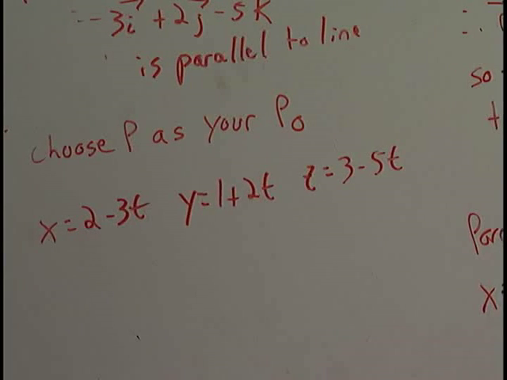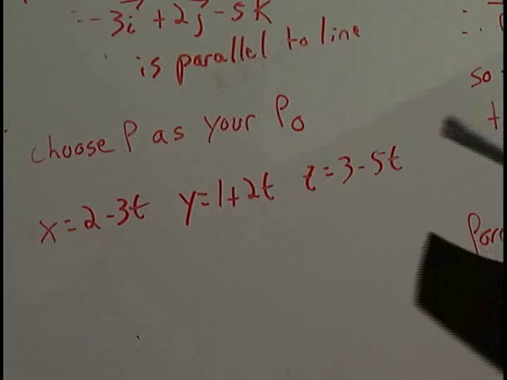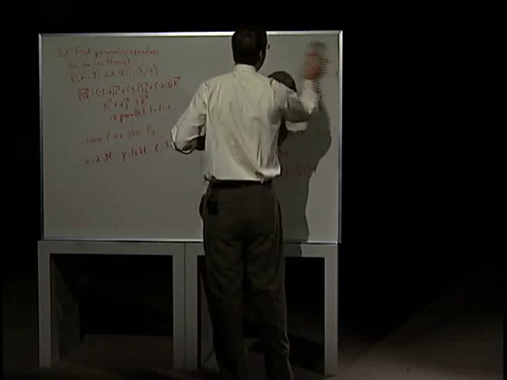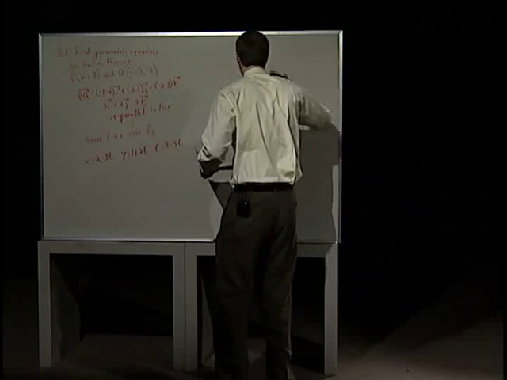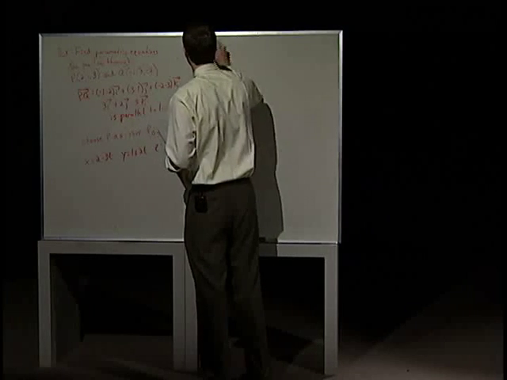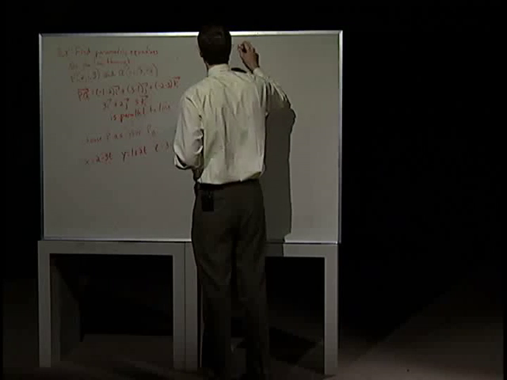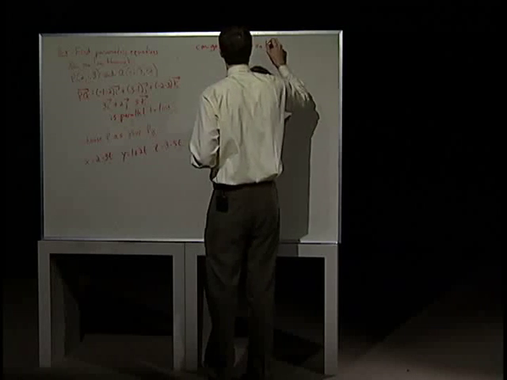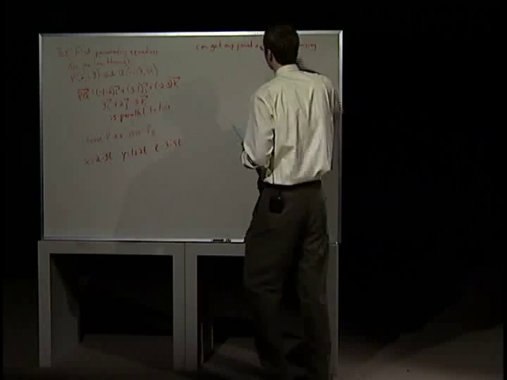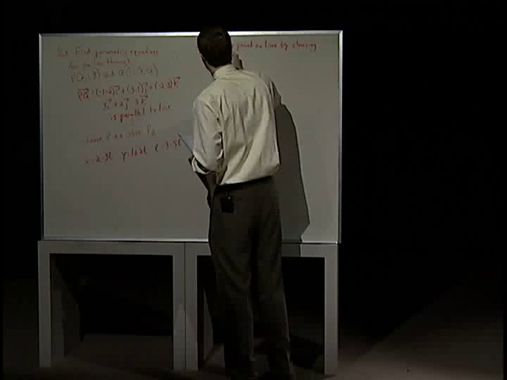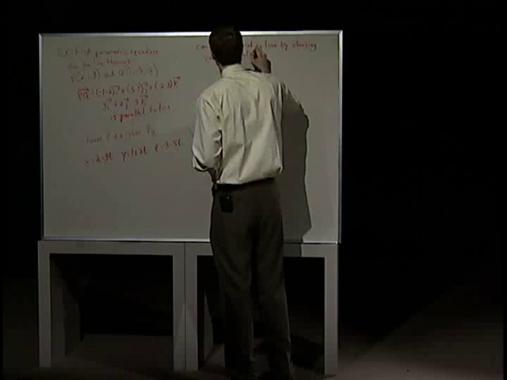Okay. Now, what we can do now, if we'd like to, is now that we have equations for the line, we can get any point on the line that we like by just plugging in various values of t. All right? Let's make some room over here. So we can get any point on the line by choosing various t values. Right?